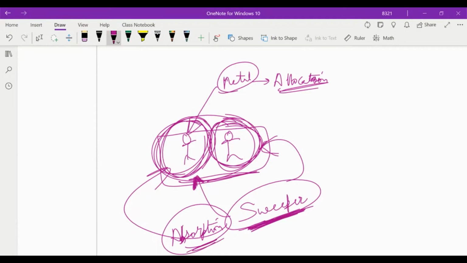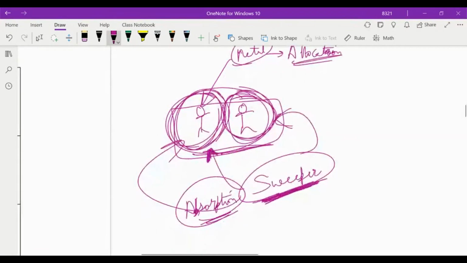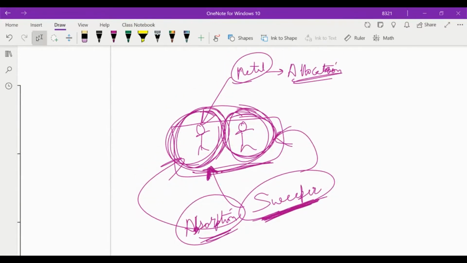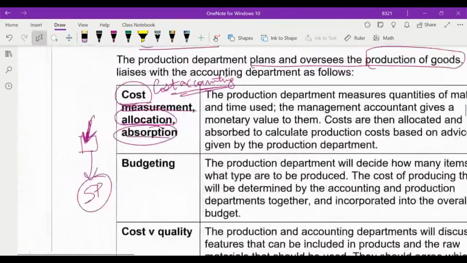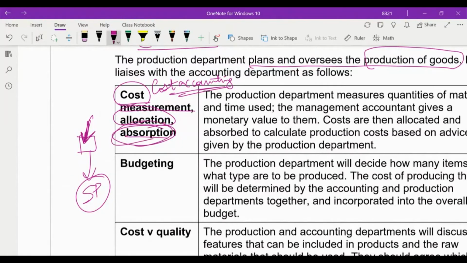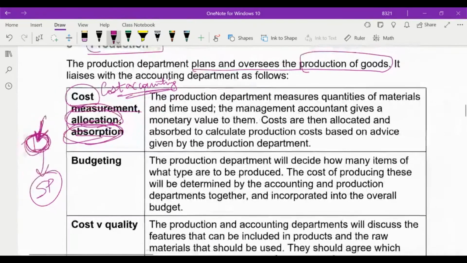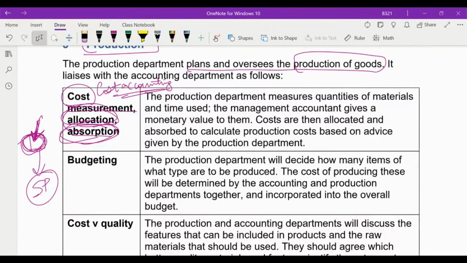So in detail, you'll study this in financial accounting, but I'm just giving you the idea of the direct allocation and indirect absorption. So allocation and absorption, I guess you got the point. Overall, we need to identify how much cost is incurred in producing 1 unit of a product, right? So the production department measures quantities of material and time used.